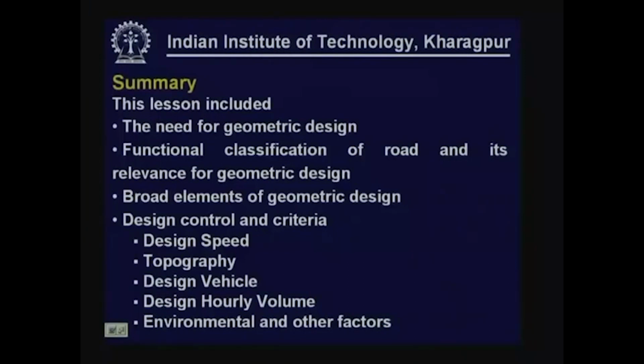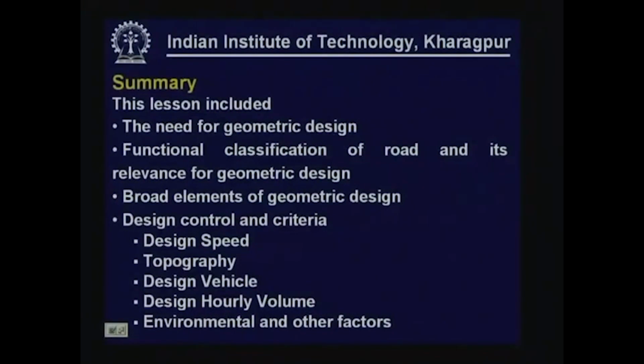All the predominant factors which can give the guideline for classification we have discussed. We have talked about the broad elements of geometric design, starting from cross section elements, sight distance considerations, horizontal alignment details, vertical alignment details and intersections. So, these are the broad elements we have identified.